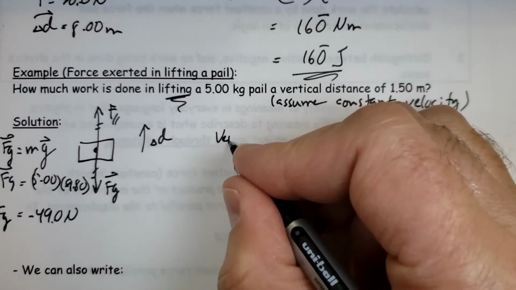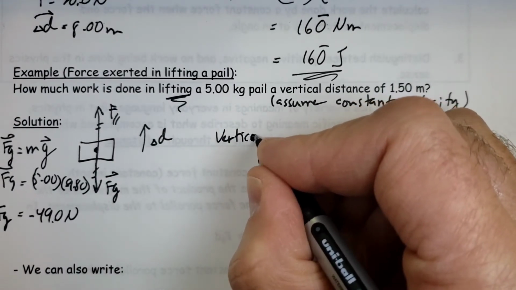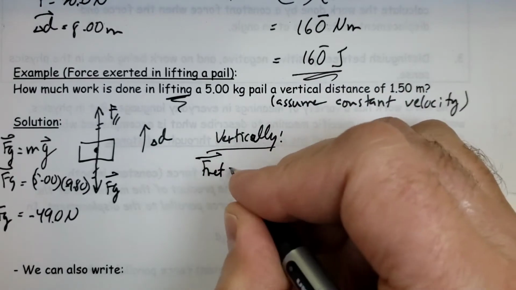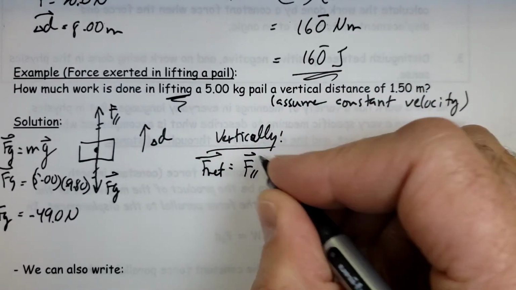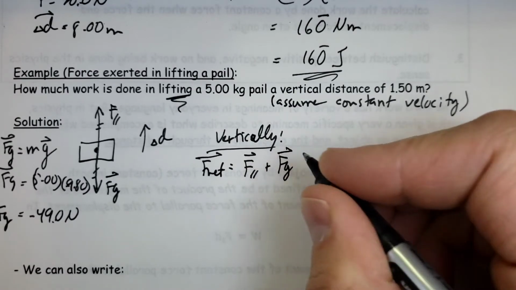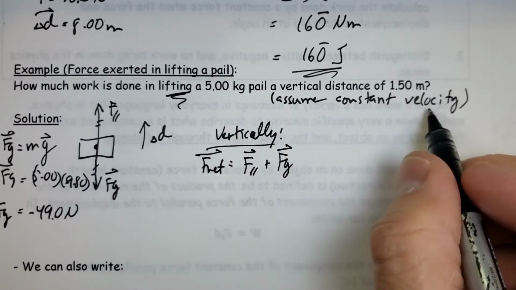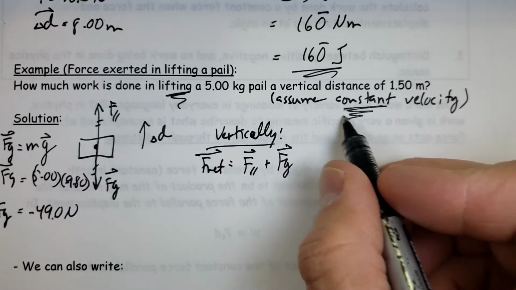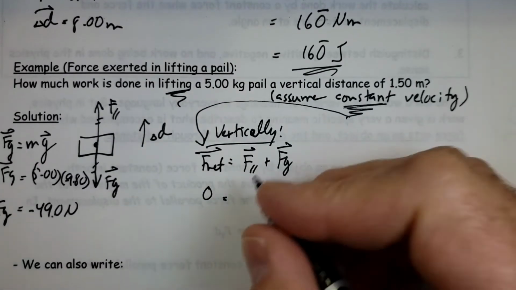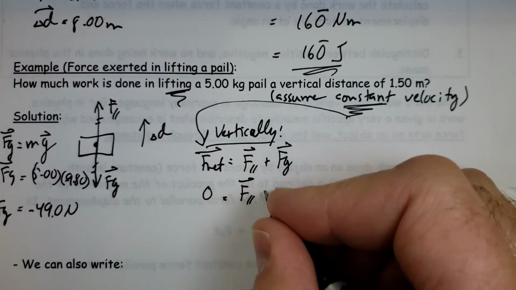And of course, if I analyze this situation vertically, the net force vertically is equal to my parallel force summed with the gravity force. And of course, since I said constant velocity, that means that F net is going to be 0. So we rationalize it that way.